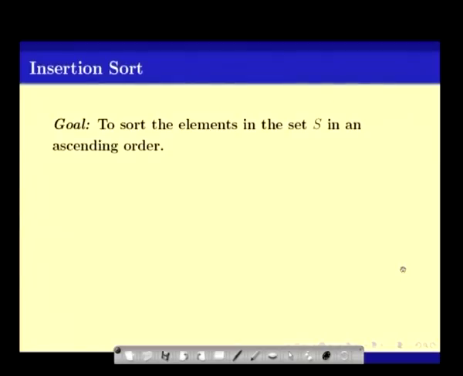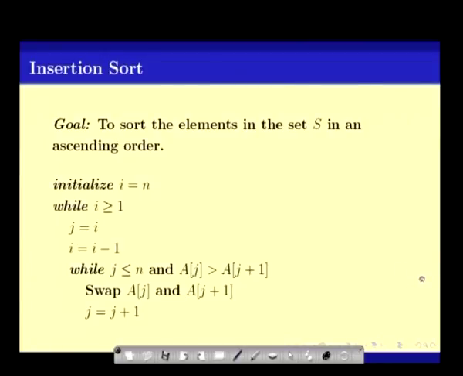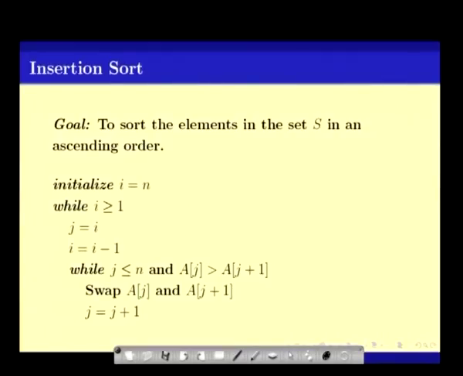In insertion sort, the main goal was to sort the elements in ascending order, and here was the simple pseudocode for the insertion sort. The basic idea was you pick an element from this set and insert it into an already sorted list, and you keep on doing it until the elements of S are completely exhausted and everything goes into the new array.